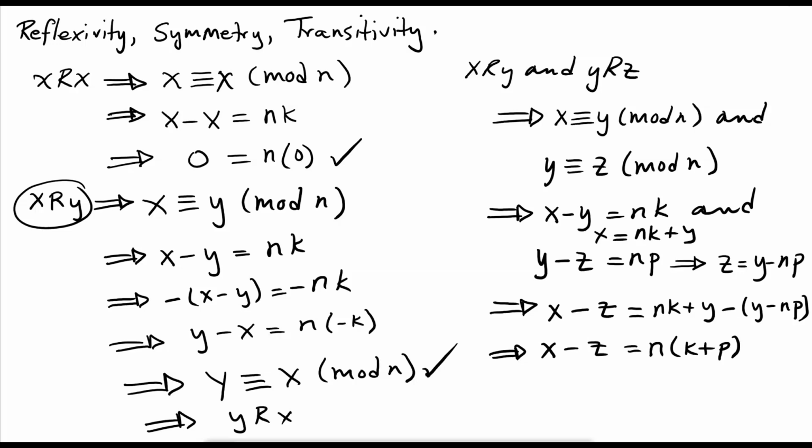So x minus z is a multiple of n, which means that x is congruent to z modulo n. So we've just shown that assuming that x is related to y and y is related to z, x is also related to z.